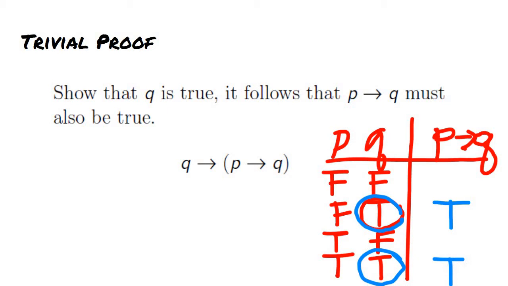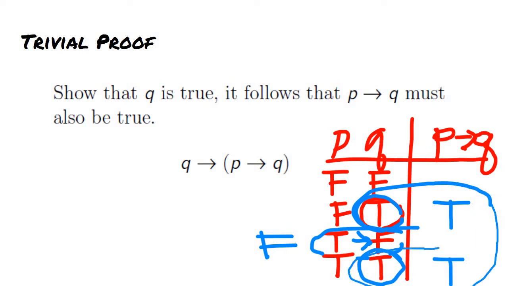Because after all, the implication is just false when the first statement, the antecedent, is true, implying false. So this is the only case where it is false. Therefore, this particular case we will call basically the trivial proof. Show that Q is true and the implication is automatically true.